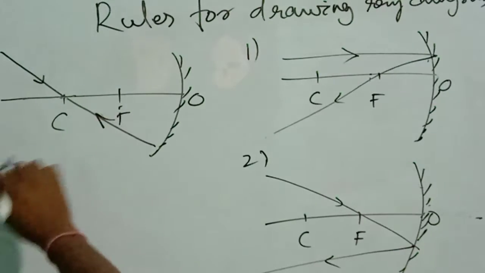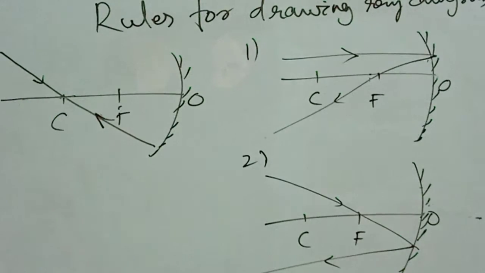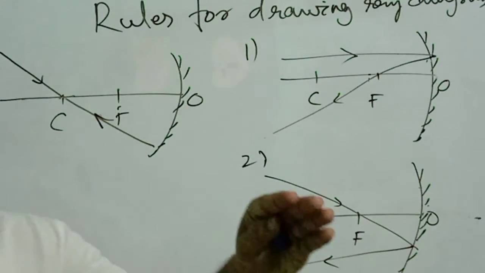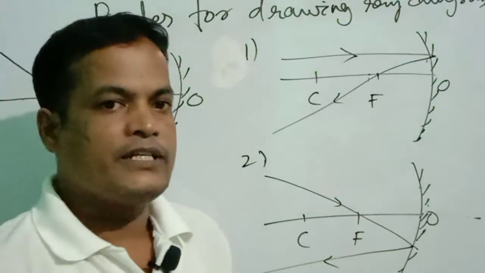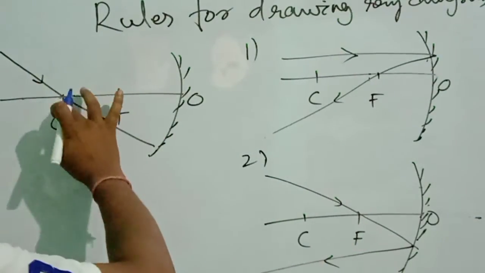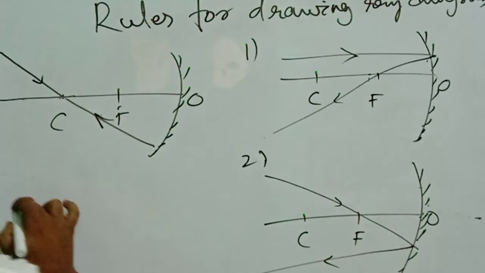That means when a ray is incident through the center of curvature, after reflection it passes through the same center of curvature.